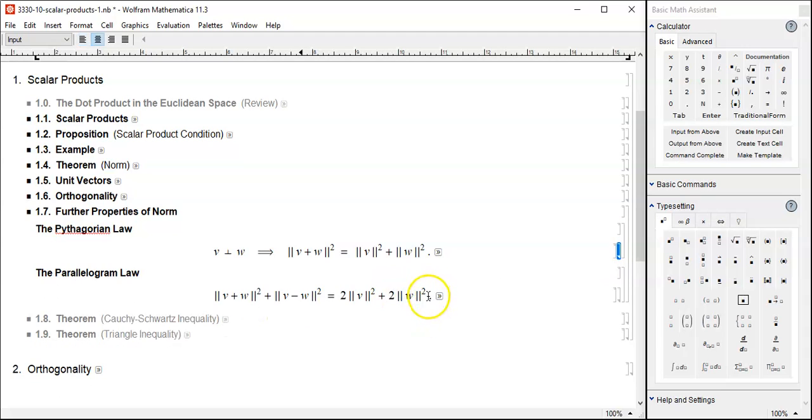How about the next one, the parallelogram law? Norm of v plus w squared plus norm of v minus w squared is equal to 2 norm of v squared plus 2 norm of w squared. I cannot visualize this parallelogram with this. This one I can easily visualize.